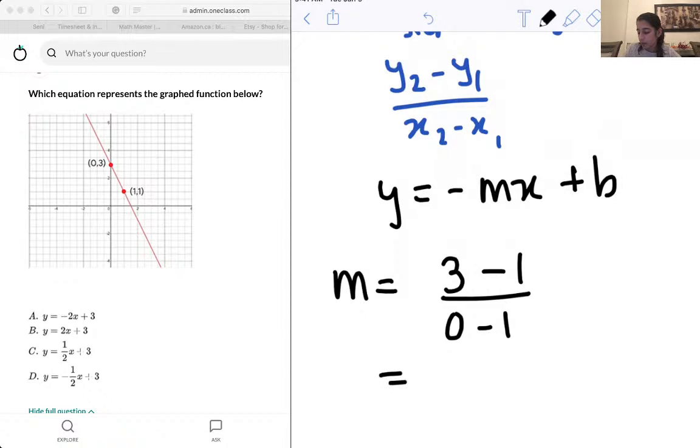So this is going to be 2 over negative 1, or negative 2. Well, not final, but our slope.